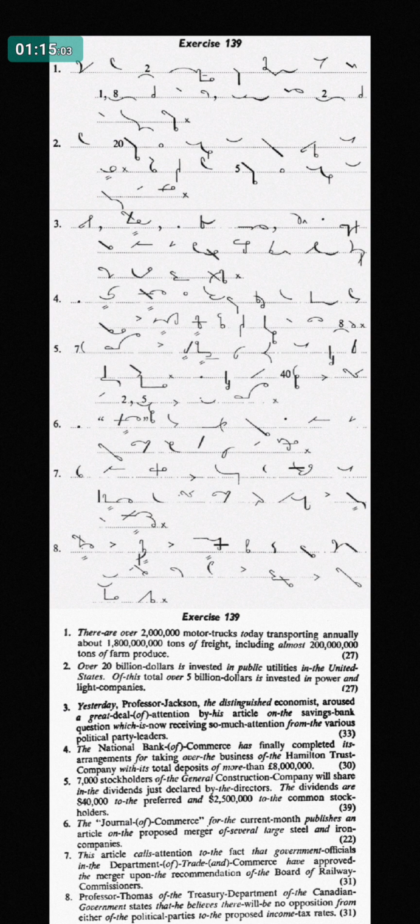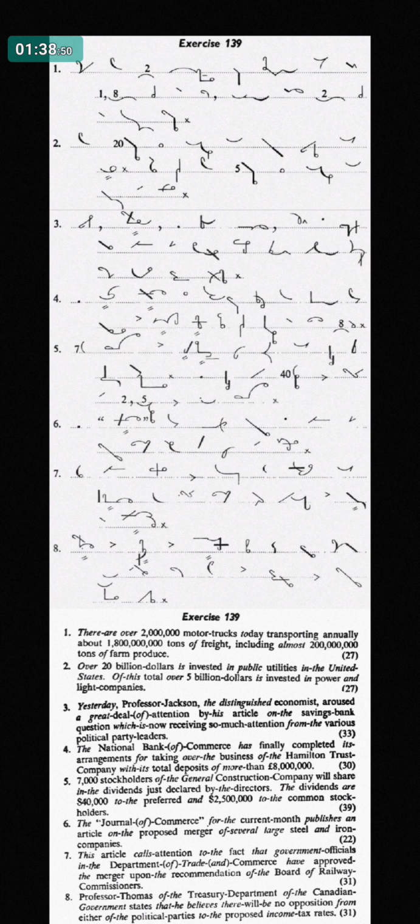7,000 stockholders of the General Construction Company will share in the dividends just declared by the directors. The dividends are $40,000 to the preferred and $2,500,000 to the common stockholders.